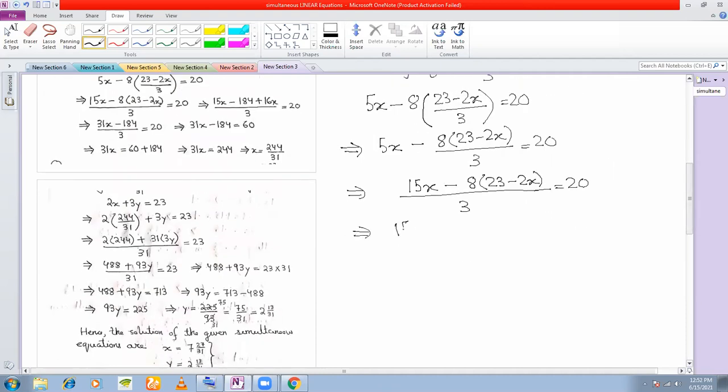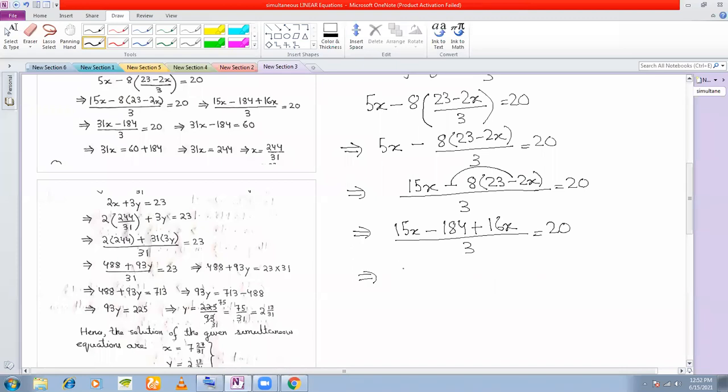So this you get 15x minus 23 into 8 is 184. And this minus combines with this minus to give you a plus, to give you 8 into 2x, which is 16x divided by 3 is equal to 20.